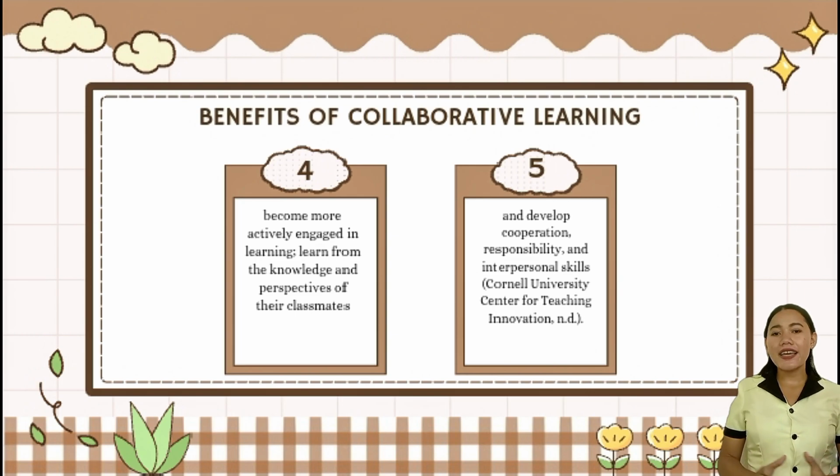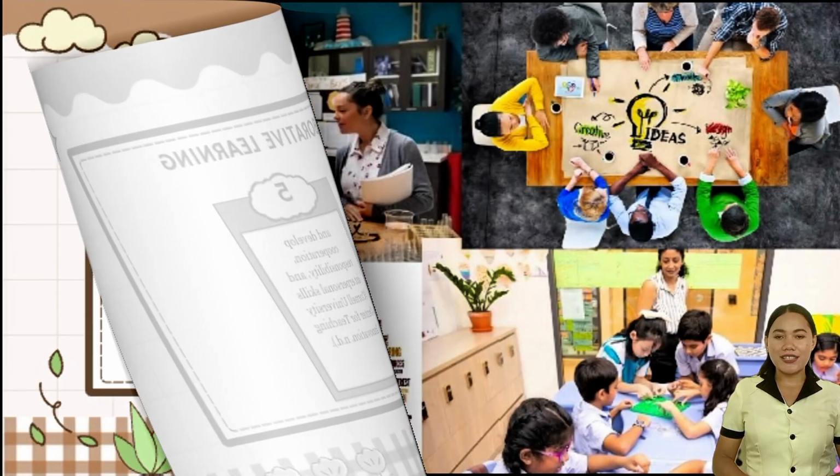And finally, collaborative learning can develop cooperation, responsibility, and interpersonal skills because students learn how to work respectfully with others while accomplishing a common task. Therefore, collaborative learning can support both academic learning and the development of skills needed to work effectively with others.